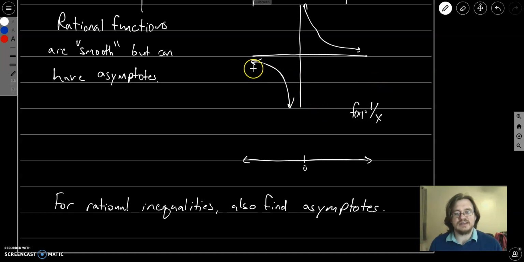What you'll notice is that on both sides of the asymptote, we switch from being negative to positive. So the function is negative when x is negative, and the function is positive when x is positive.